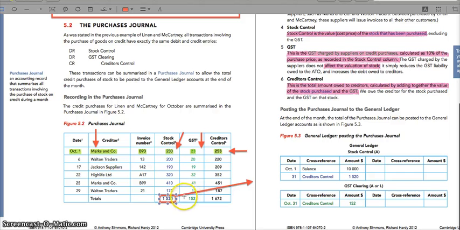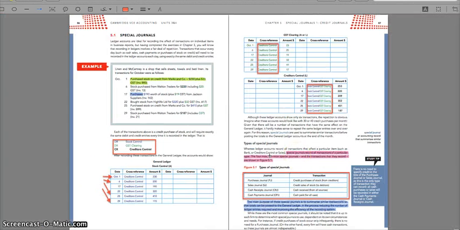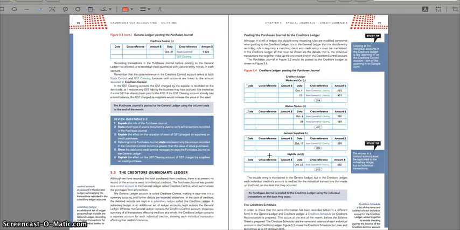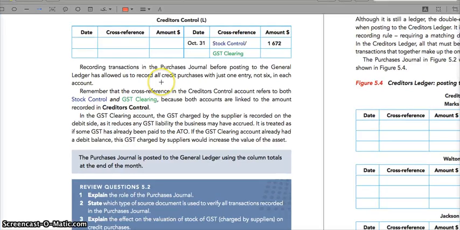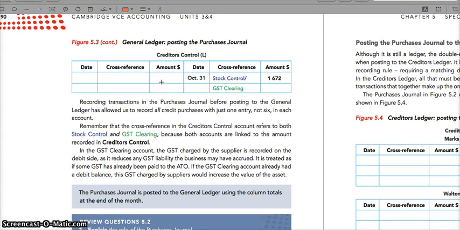Then we take this summary figure of the GST control clearing and we put that into our GST clearing account. And if I just move that down there, 1672, as we will see, goes in the creditors control account.